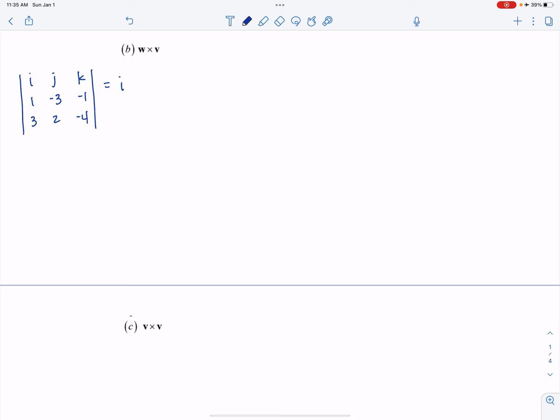So we have i times the determinant of -3, -1, 2, -4, minus j times the determinant of 1, -1, 3, -4, plus k times the determinant of 1, -3, 3, 2.